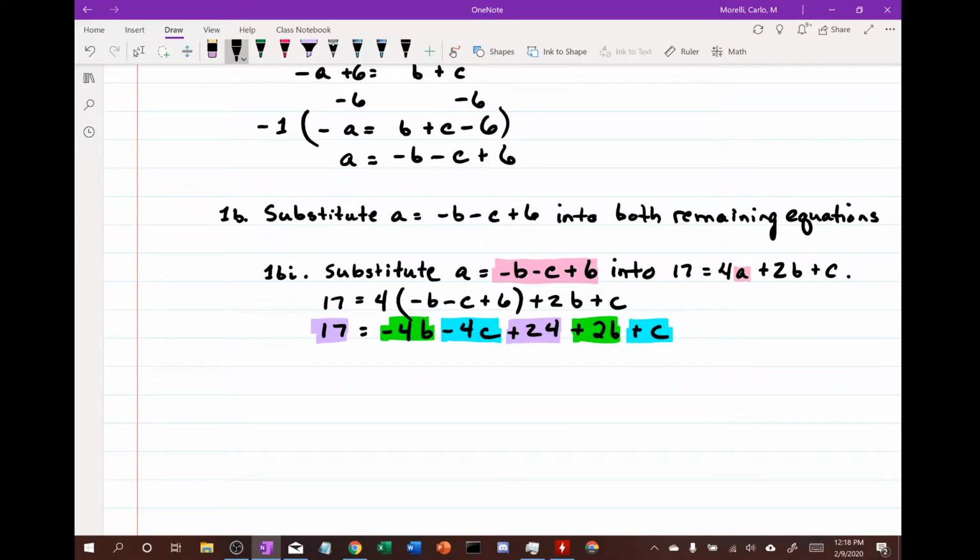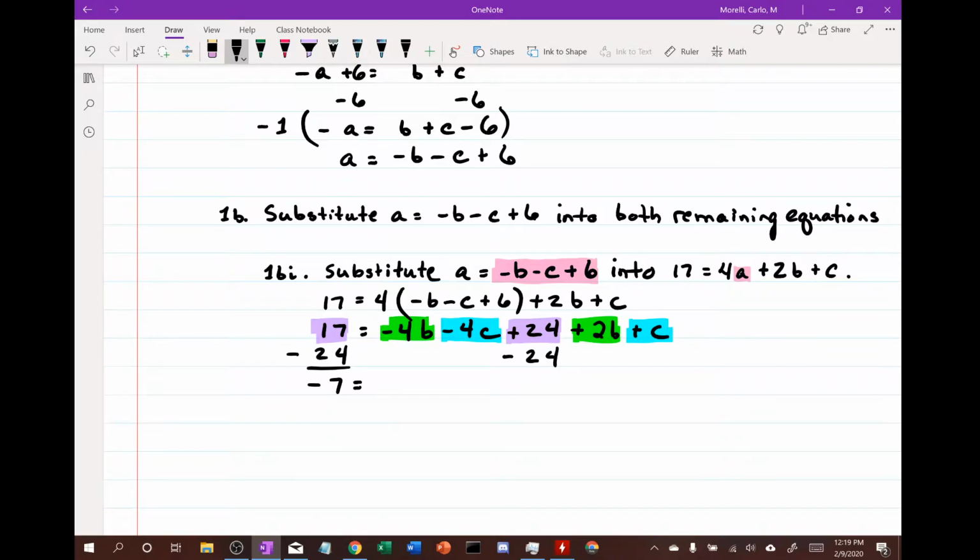So I'm actually going to start with the constant by subtracting 24 from both sides. 17 minus 24 is negative 7 equals. And now we'll do the green.